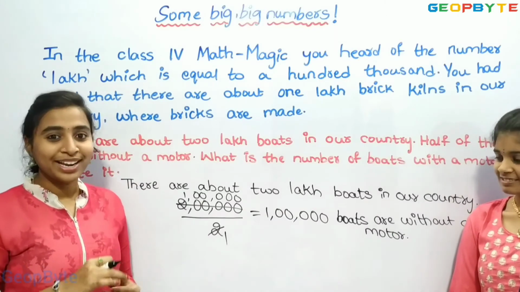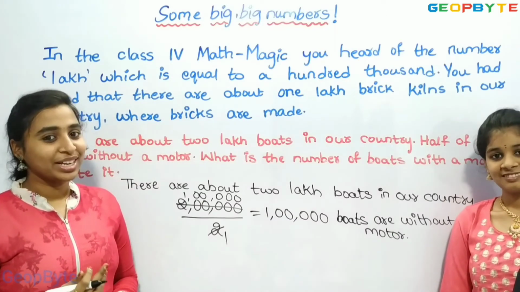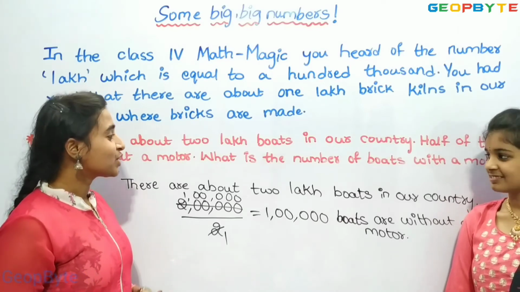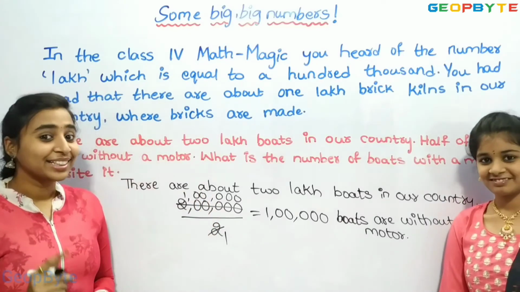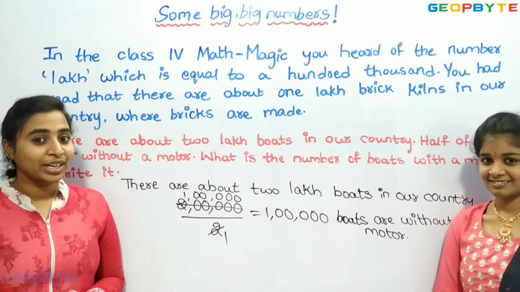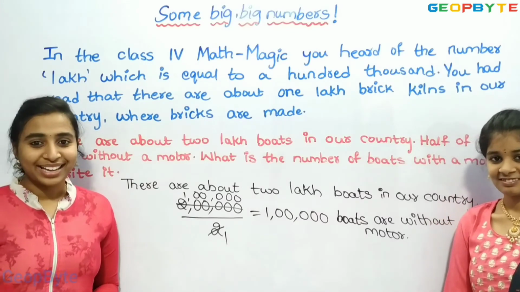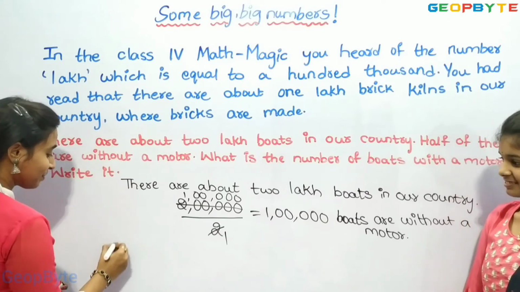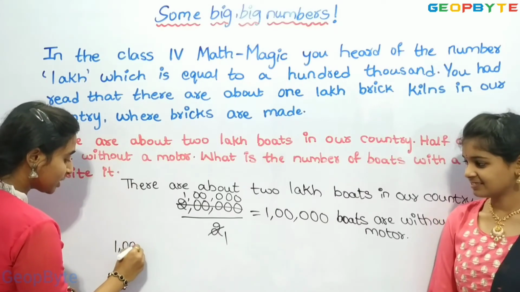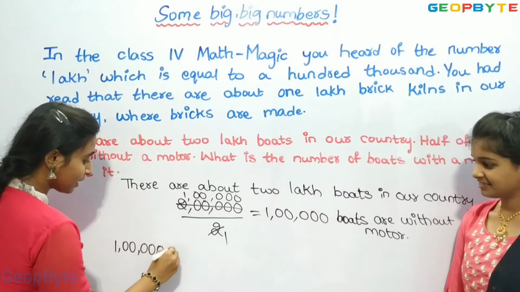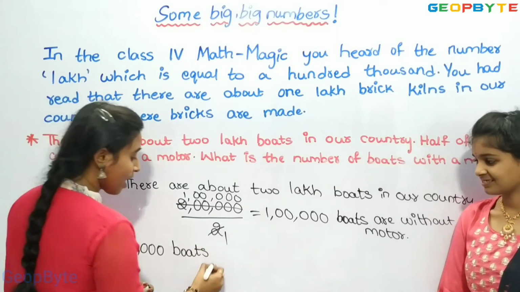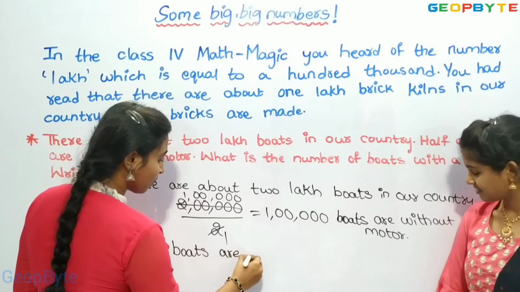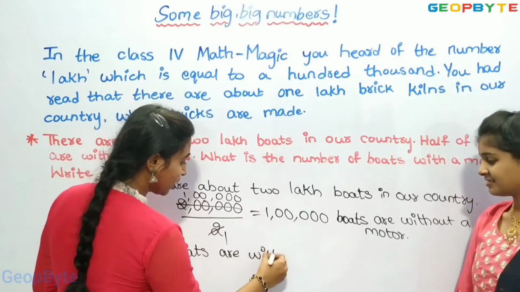So, the remaining number of boats are obviously 1 lakh. So, what is the number of boats with a motor? There are boats with motor which are 1 lakh. Let us write, 1 lakh boats are with a motor.